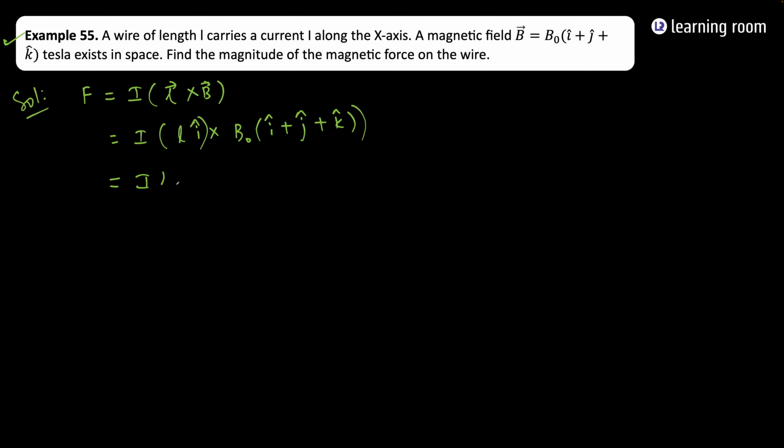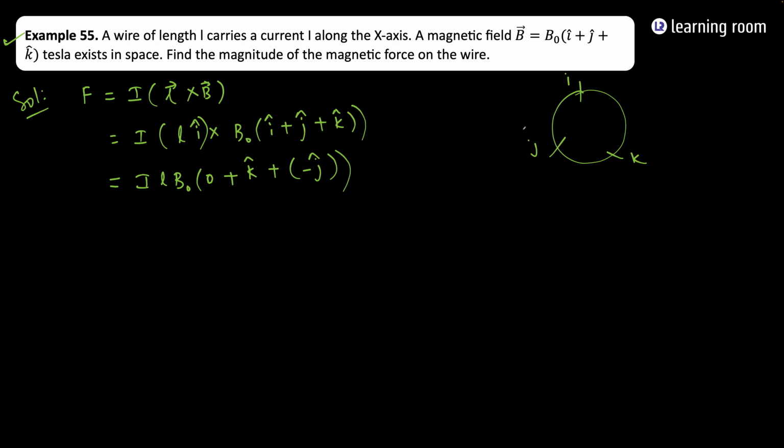It will be IL into B naught into i cross i, which is 0, plus i cross j, which is k cap, plus i cross k, which is minus j cap. Why is it so? I've told this already. This is i, j, k.